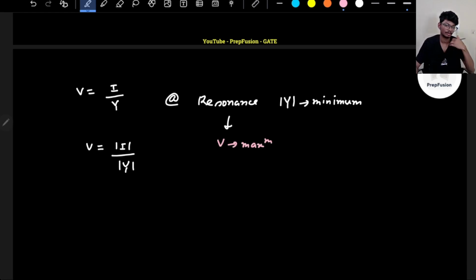So it magnifies the voltage basically. At resonance my voltage is maximum.